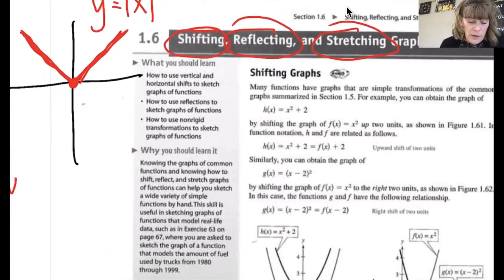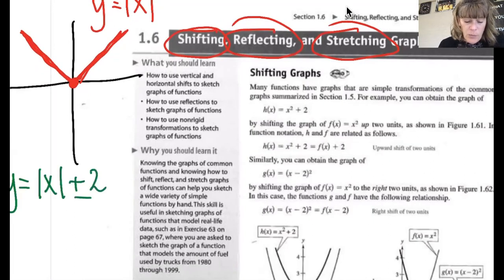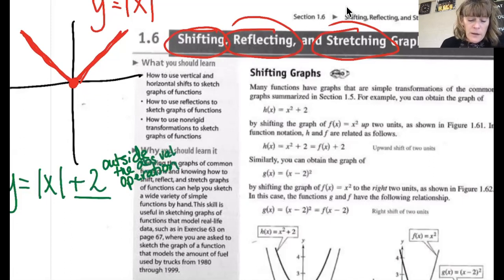I would take, okay, so let's do it in a different color. So let's say we have y equals the absolute value of x plus 2. Now, since the plus 2 is outside the absolute value operation, then this is a vertical shift.